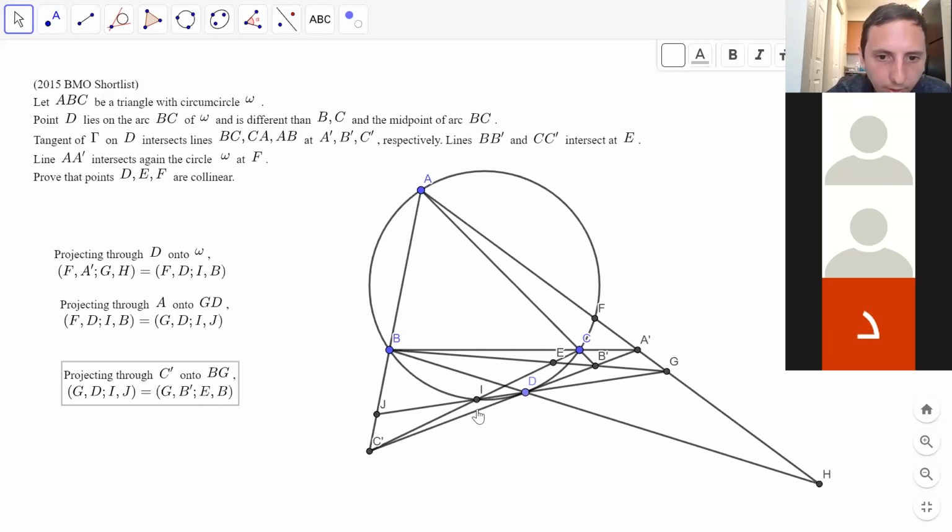I used that C I and E. I used that. I used the fact that CC prime and DG meet on the circle, where G is where BB prime meets AA prime.